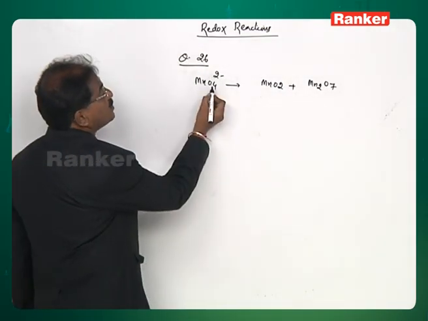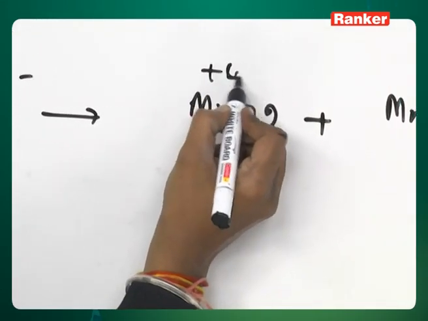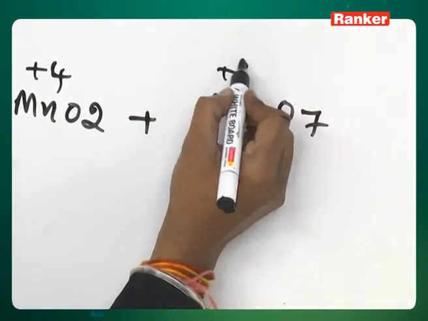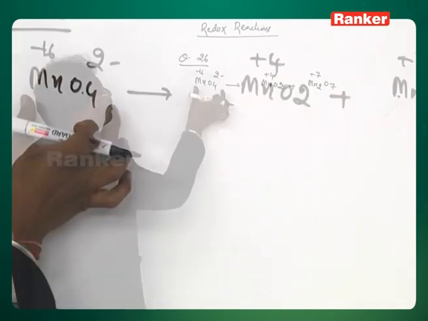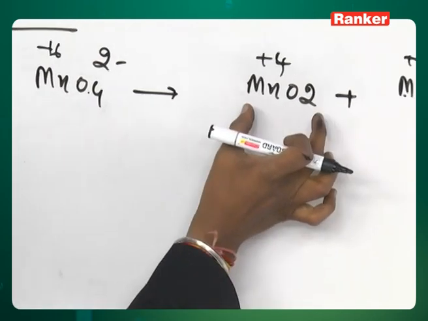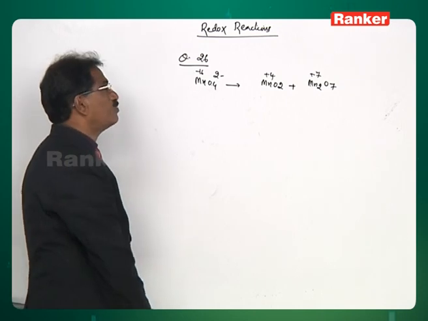Here the oxidation state of the manganese is +6. Here oxidation state is +4. Here oxidation state is +7. In this disproportionation reaction, 1 mole of MnO4 2 minus produces how many moles of MnO2 and how many moles of Mn2O7. That aspect we have to find out.